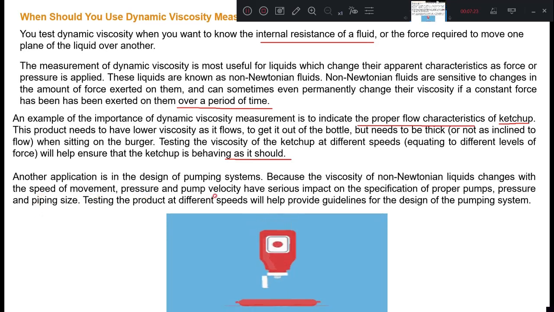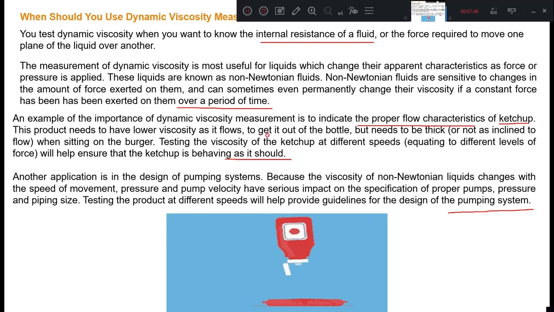Pressure and pump velocity have serious impact on the specification of proper pumps, pressure and piping size. Testing the product at different speeds will help provide guidelines for the design of the pumping system. In all these cases we do require dynamic viscosity.